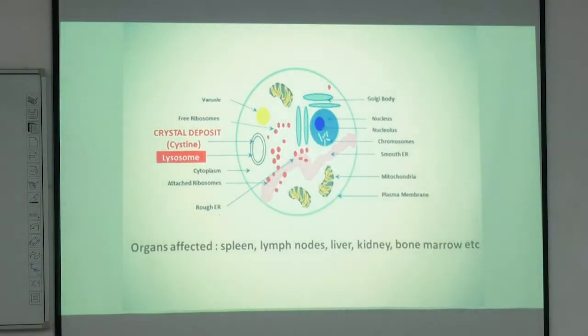So here this is a cell, suppose a cell of liver or kidney. So here the lysosome, when this is not functioning well, the cystine is getting deposited and it forms crystals within the cell.